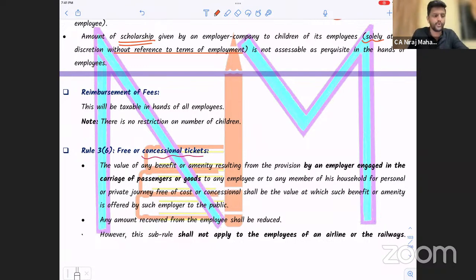There is no scheme, no arrangement, no offer given in the offer letter of the job. It was never a part of the job, but voluntarily the company wishes to give some benefit to the employee's children. Then that is allowed. It is not a perquisite in the hands of the employee. Clear, everybody? We'll go ahead, all of you.